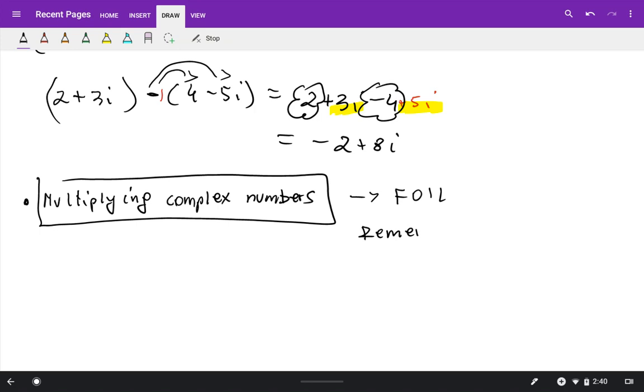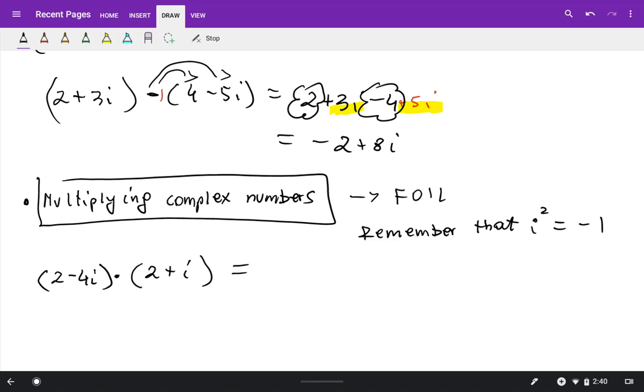Remember that i squared is equal to negative 1. So let me give you the example: 2 minus 4i times 2 plus i.